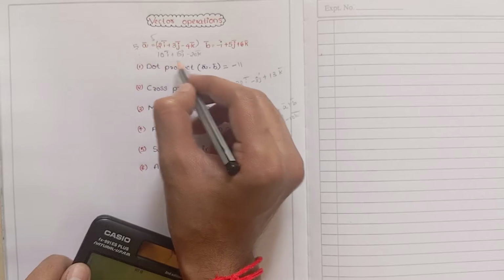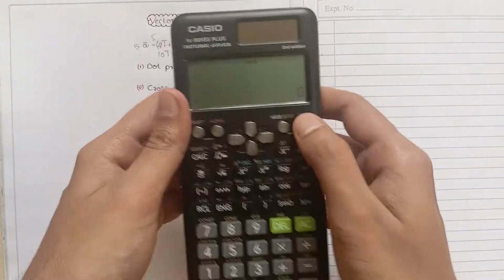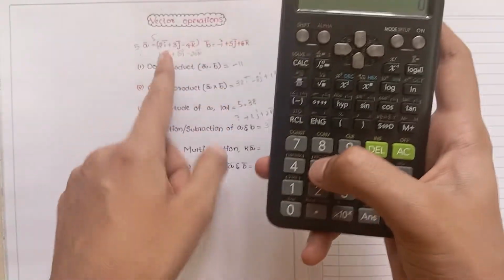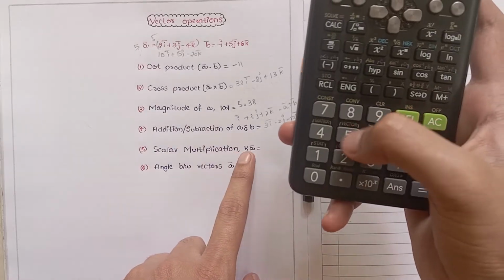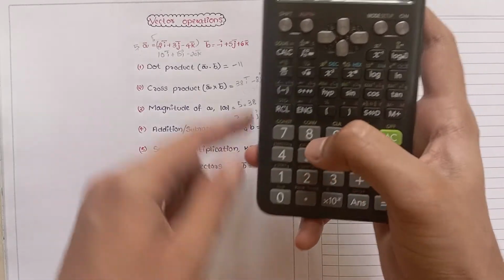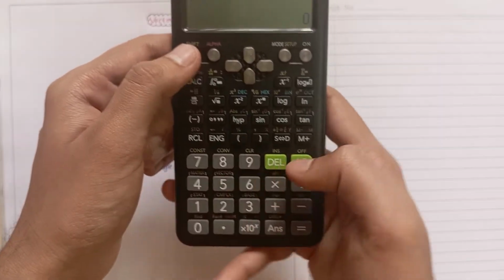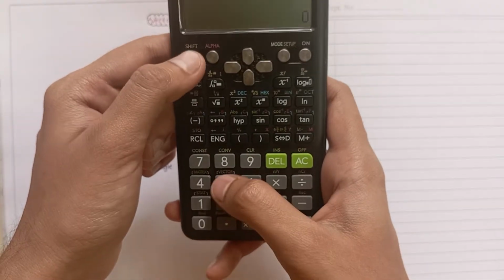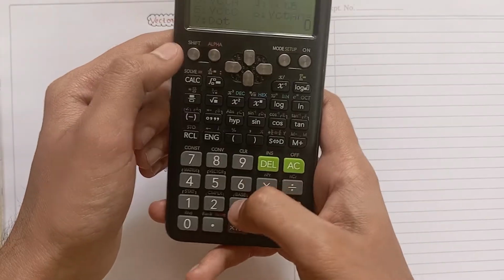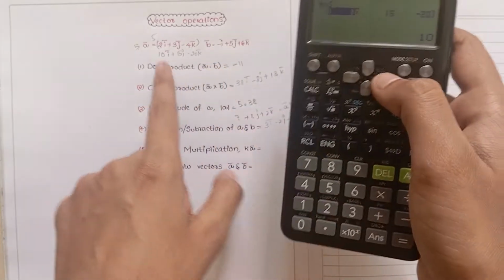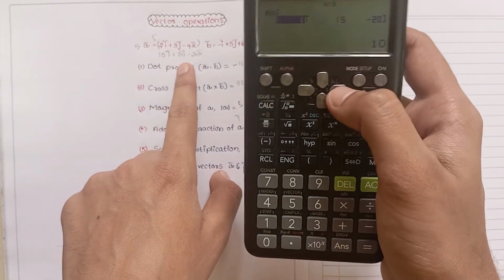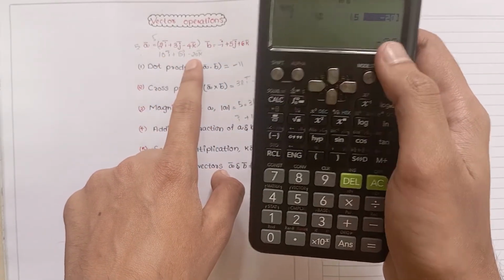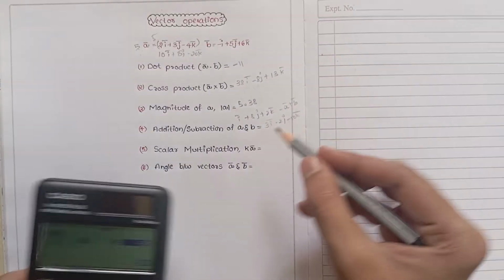Now we will perform this operation in the calculator. We multiply with 5, then shift 5, select vector a. Now the same value: 10 i cap, 15 j cap, minus 20 k cap.